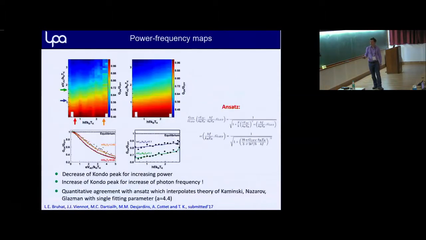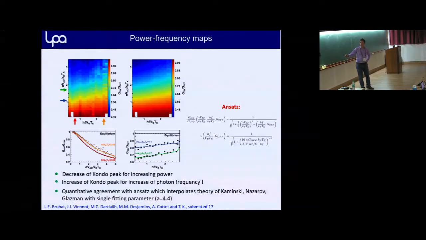But before that, I have not emphasized enough that we are at fixed power here, so the VAC is constant, and we increase the frequency. And you see that the Kondo resonance goes up now. There is a more or less linear increase of the Kondo peak as a function of photon frequency.